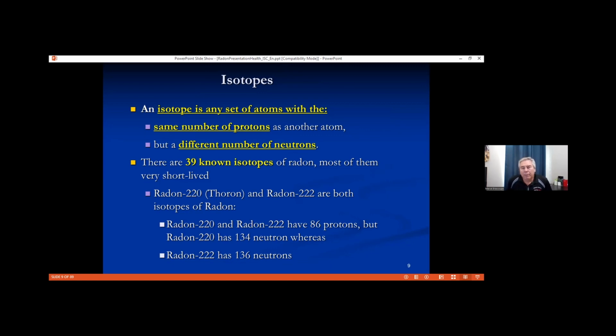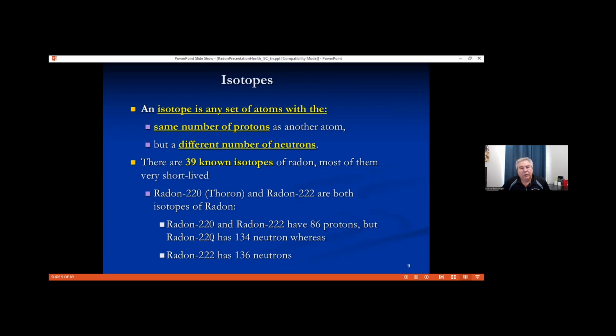The two most common ones are radon 220 and radon 222, radon 222 being the most common one in our environment. Radon 220, which we also call thoron, is an isotope of radon, and its atomic mass is 220. So they're both radons, but the difference between the two is the number of neutrons.